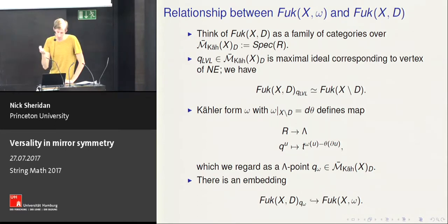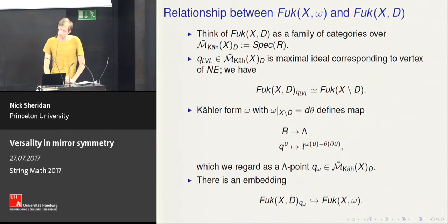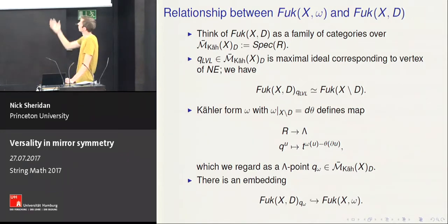The large volume limit point corresponds to removing the divisor. And this is simply saying that if we set this variable q to 0, then we only count disks that never pass through the divisor. So one point in this Spec corresponds to our large volume limit point.